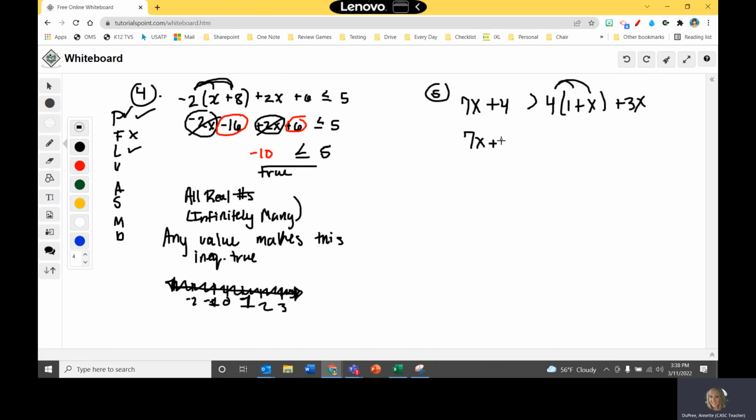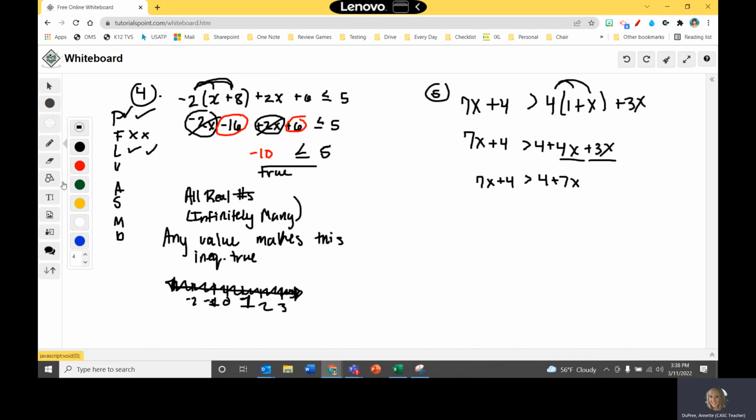So 7x plus 4 is greater than 4 plus 4x plus 3x. There are no fractions in example 5. There are, however, like terms. There is 4x and 3x. So we end up with 4 plus 7x on this side and 7x plus 4 on this side.